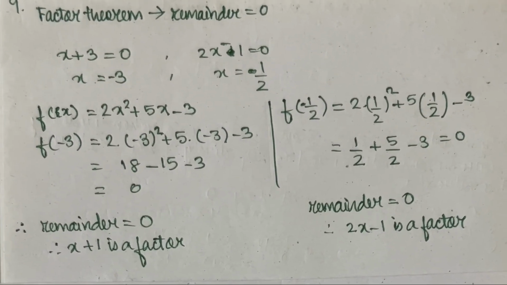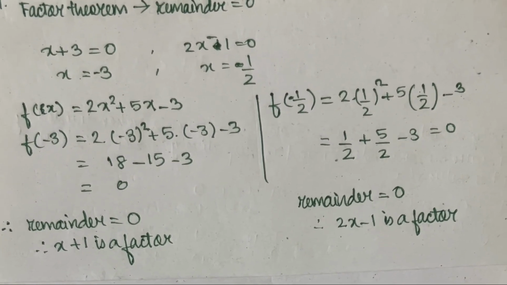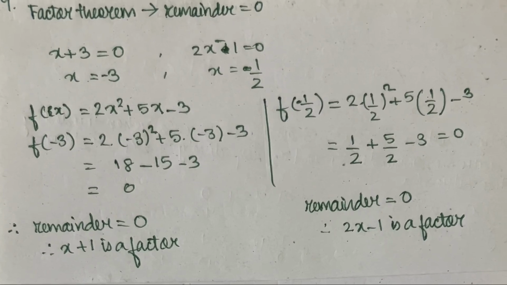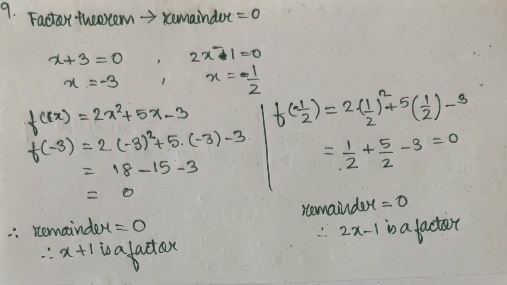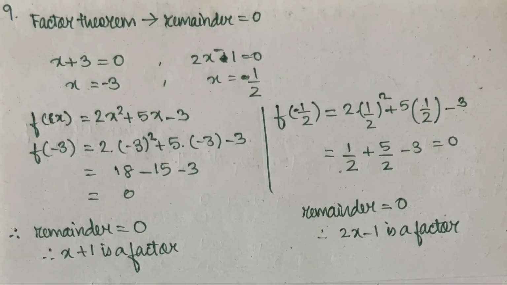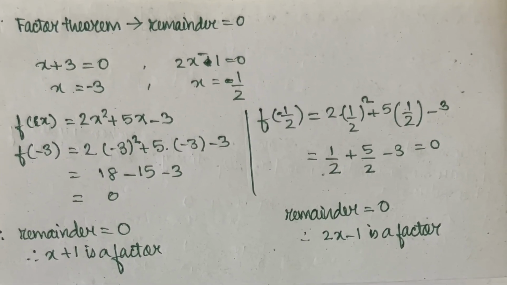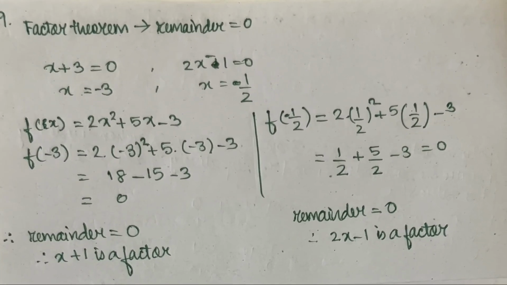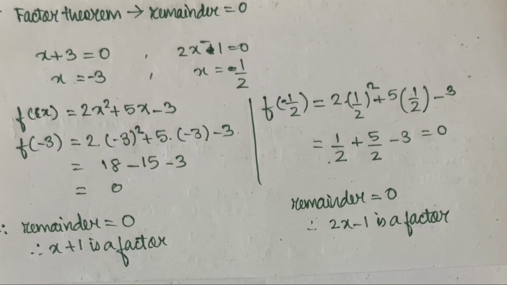So first f(x) as minus 3, we get it as 0. Again for the second one we put f(half). Then we put half in the equation and get f(half) to be 0. So we can say that x plus 3 and 2x minus 1 are factors.